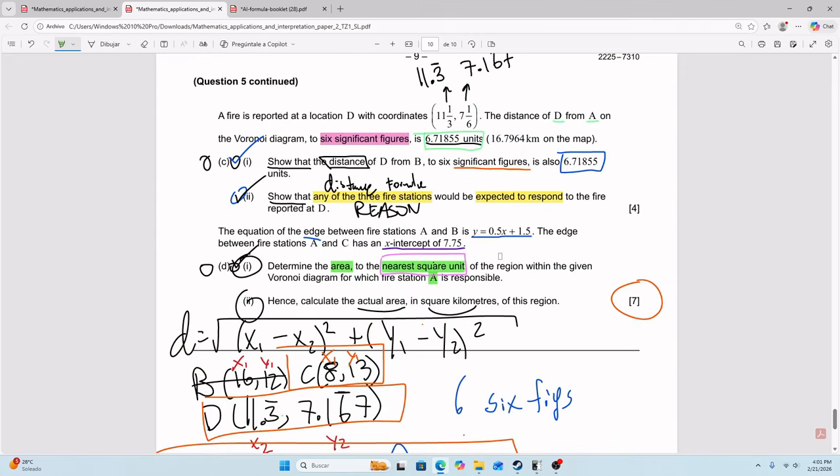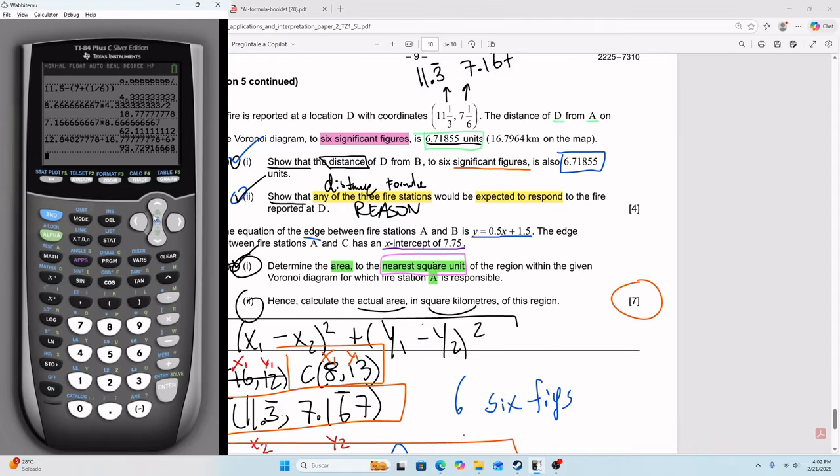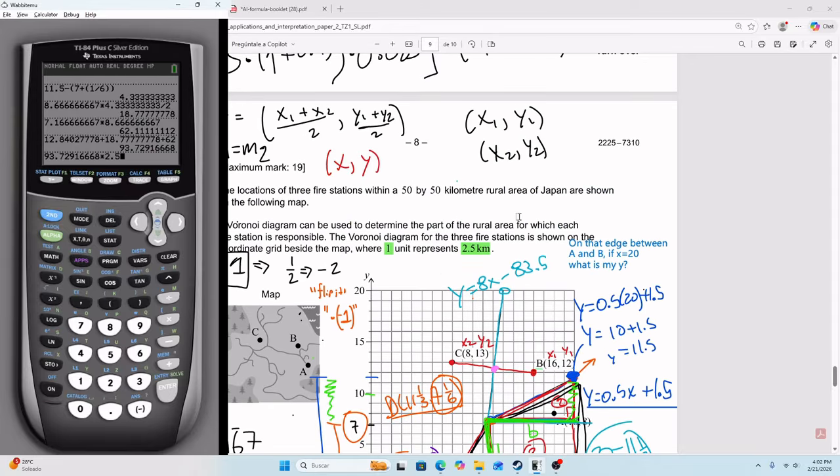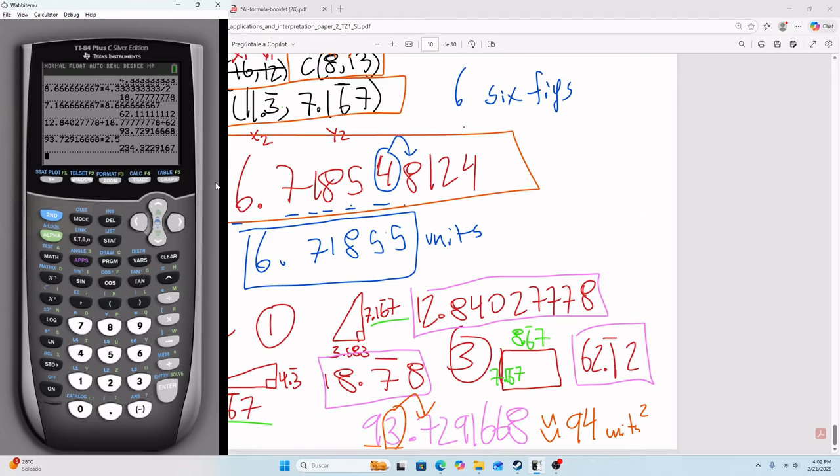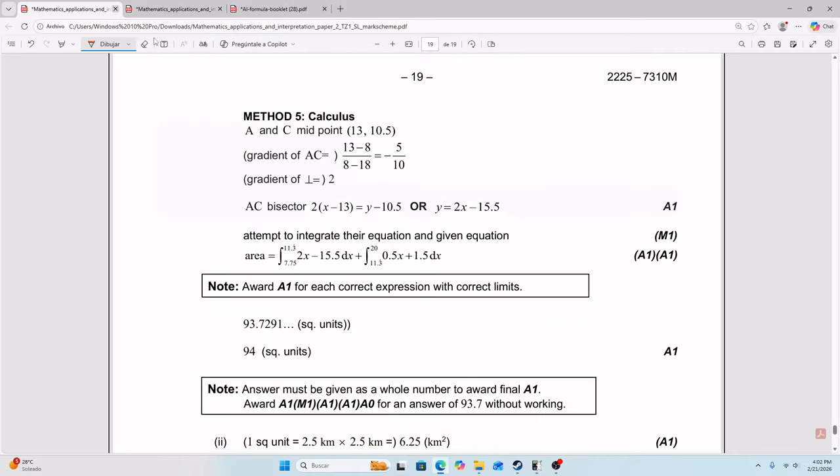So if 1 unit equals 2.5 kilometers, well, this is our units that we got. So 93.729 units times 2.5, which is the amount of kilometers we're talking about, right? Should give us 234.322. Or maybe they actually wanted the units simplified, 235. So I would actually just leave it as 235.